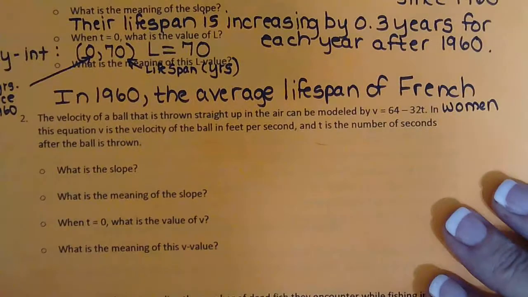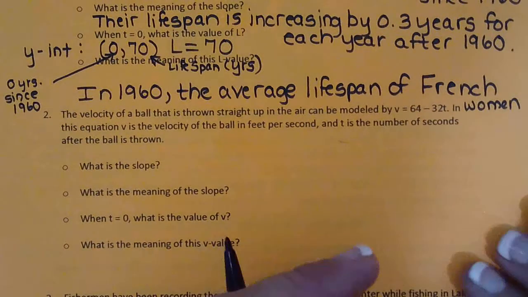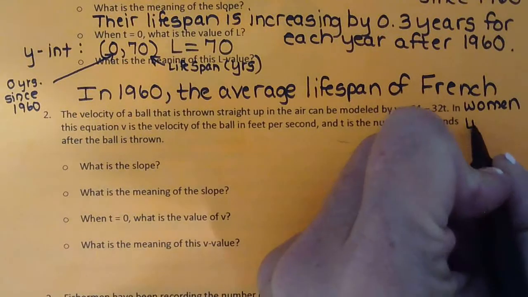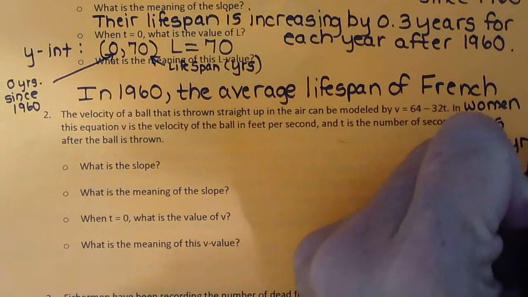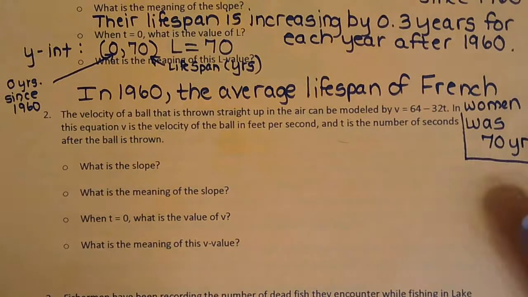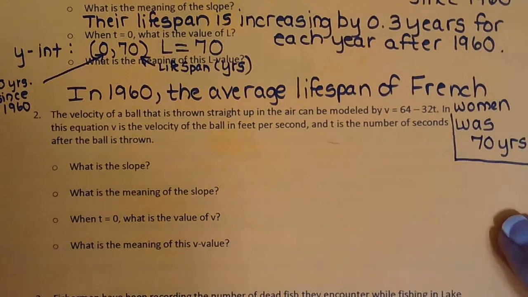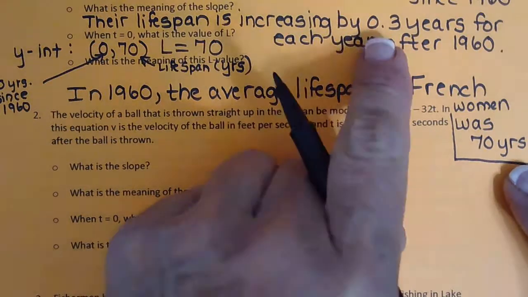We wouldn't say 70 years old. I accidentally said that. So the average French woman lived 70 years in 1960. And like I said, every year it increases according to our slope.